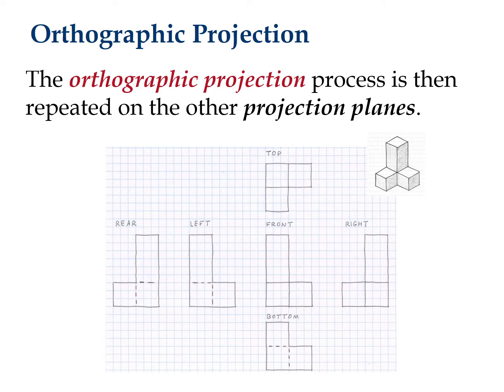The orthographic projection process is then repeated on the other projection planes if they are required. Typically, we only show three: the front, the top, and the right, but on some occasions you may need to create a bottom or left or even a rear view.